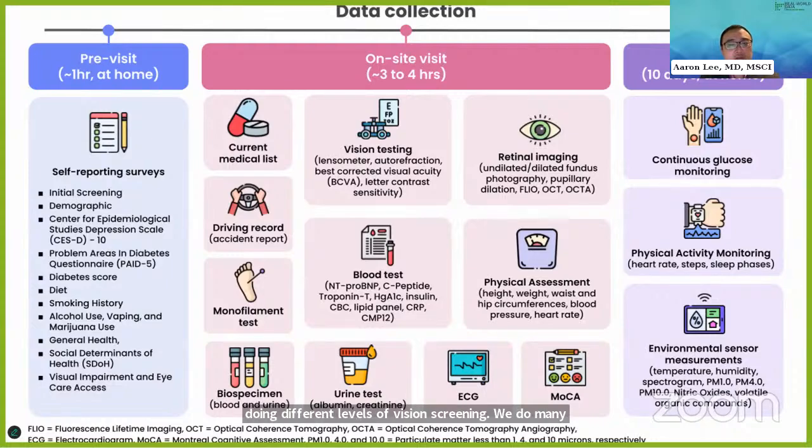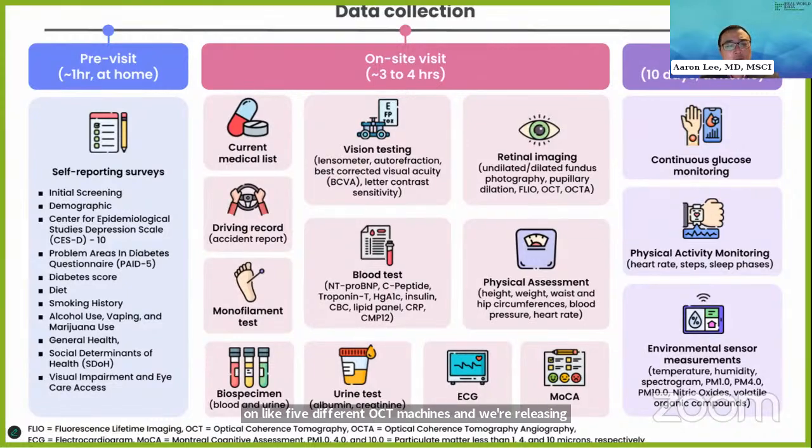Actually, there are 44 different protocols spanning about 10 different devices. One of the things we tried to do here is solve the problem of device dependency in AI models. So we've collected a data set where every one of these people gets both of their eyes scanned on about 5 different OCT machines, and we're releasing all that data.